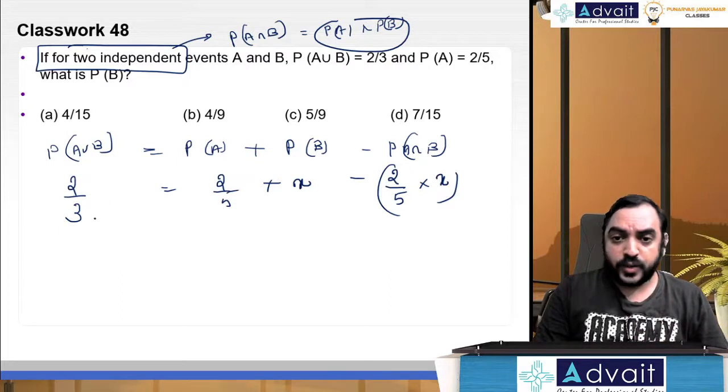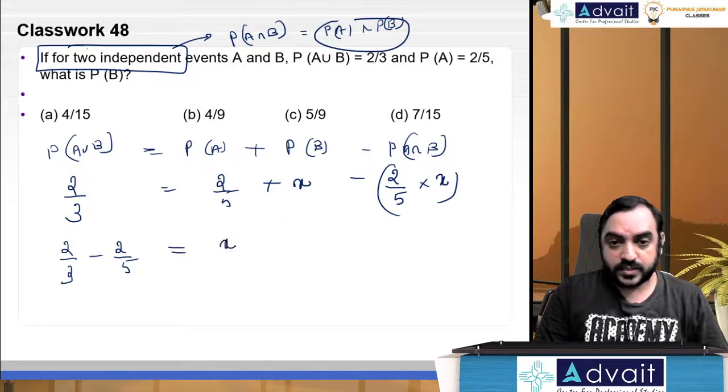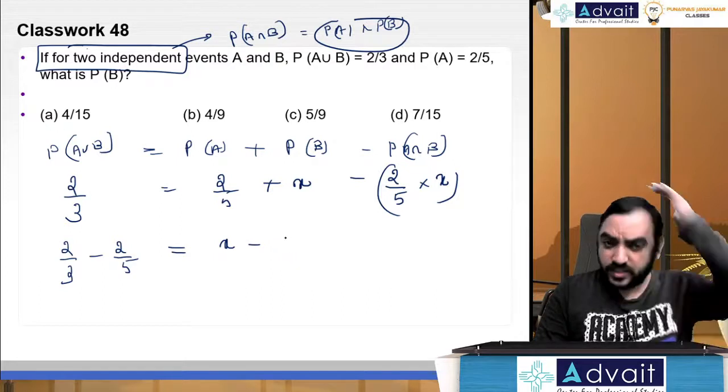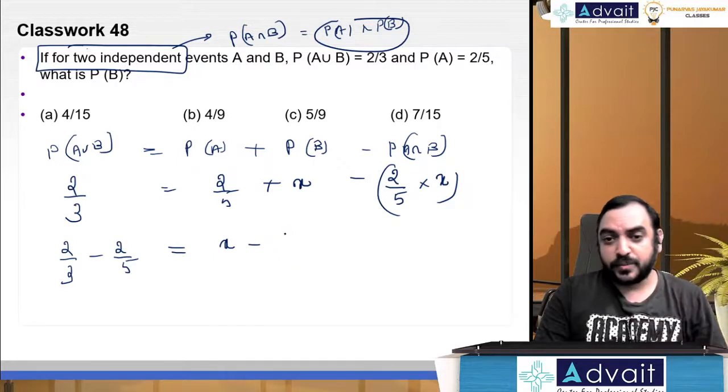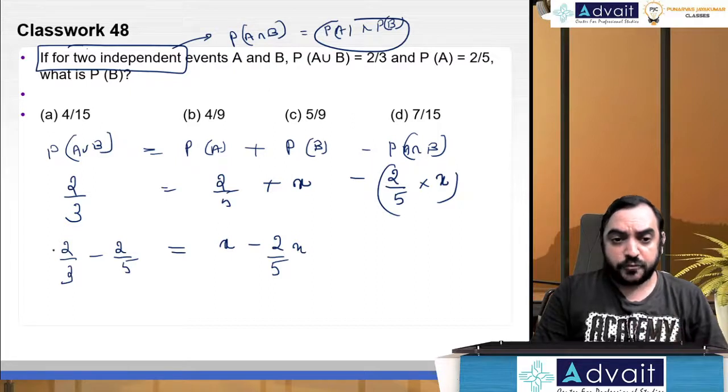This I'll bring to the left side. So 2 by 3 minus 2 by 5 equals X minus 2 by 5 X. Okay, let me simplify fractions. I'll cross multiply. 5 into 2, 10. 3 into 2, 6. 3 into 5, 15.